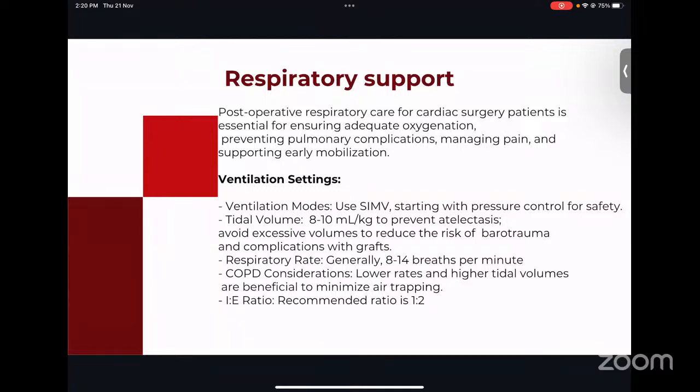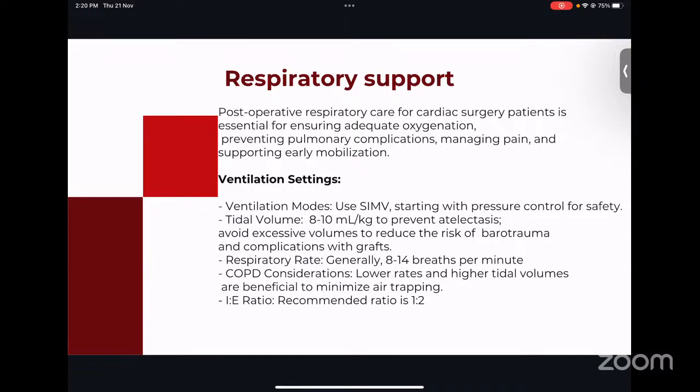For the ventilation mode, synchronized intermittent mandatory ventilation is safe for all patients, with initial use of pressure control recommended. The tidal volume is ideally 8 to 10 mL per kg, which prevents atelectasis, but excessive volume can lead to barotrauma and complications with the graft if the patient has CABG.